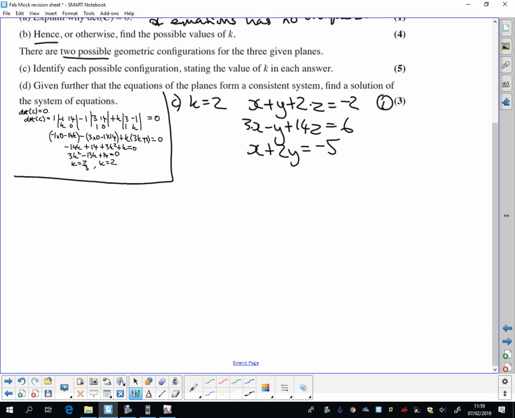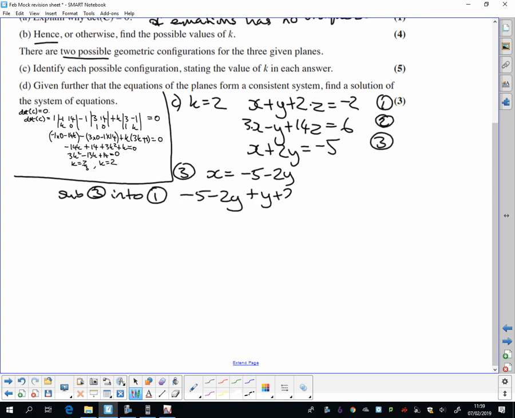Well, I can take equation 3 and rearrange that to say x is negative 5 take away 2y. I can then substitute 3 into equation 1. So x is now negative 5 take away 2y. And I can rearrange that equation to get negative y plus 2z equals 3.